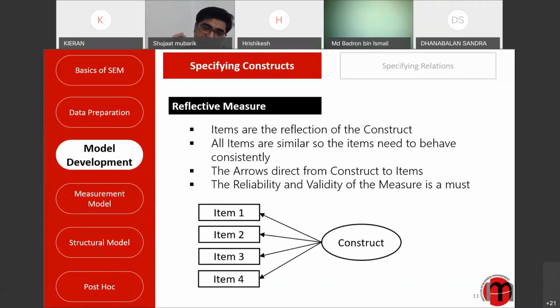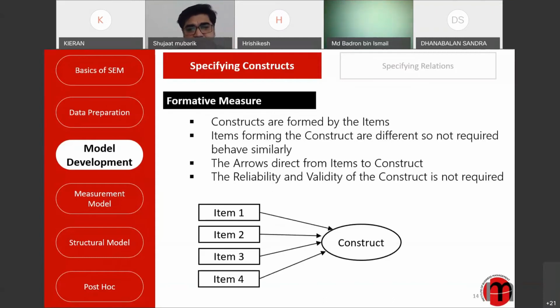Whereas in the formative construct, the arrows are toward the construct. This shows that the items together are forming the construct. The same rule applies in SmartPLS once we're modeling, so you will see the same rule over there.